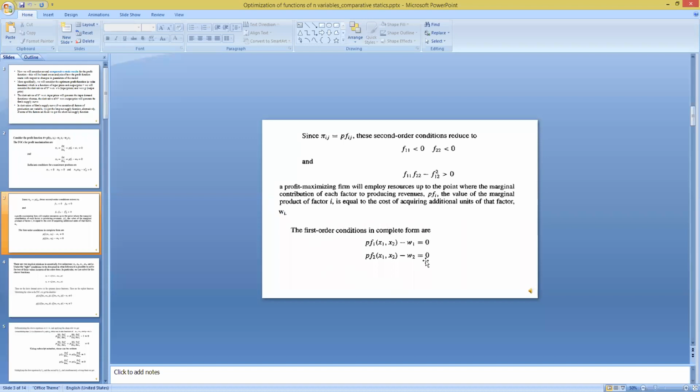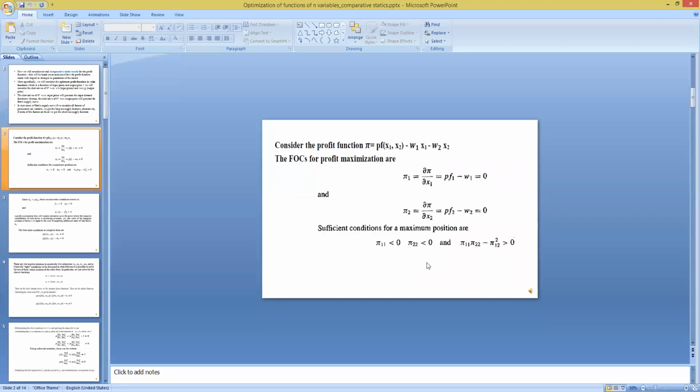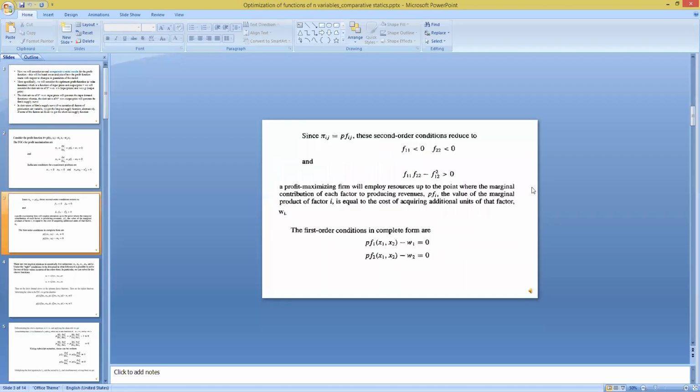So this is the general format for profit maximization exercise. Under this format, the first order conditions can be written as P F1(x1, x2) minus W1 is equal to 0, and P F2(x1, x2) minus W2 is equal to 0. So let's go back to the expression del pi by del x1, as well as del pi by del x2. Del pi by del x1, that was P F1 minus W1 is equal to 0.